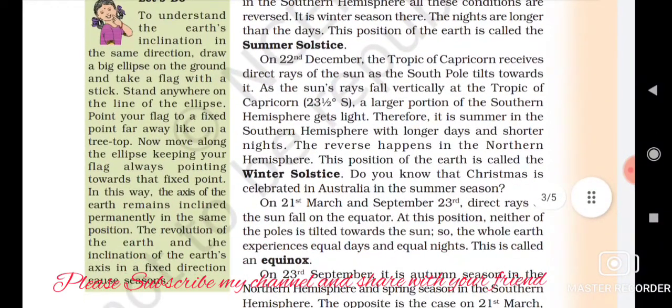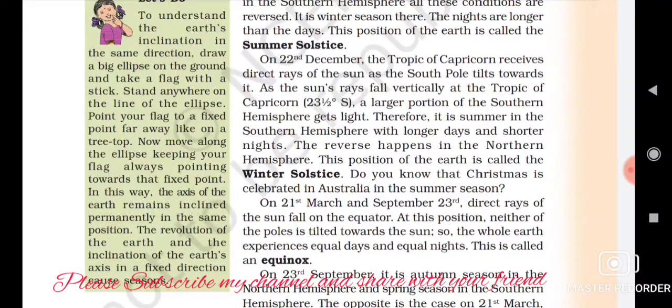In a similar way, on the 22nd December, the Tropic of Capricorn receives the direct rays of the sun, and the South Pole tilts towards it. The sun's rays fall vertically on the Tropic of Capricorn, that is 23.5 degrees south.